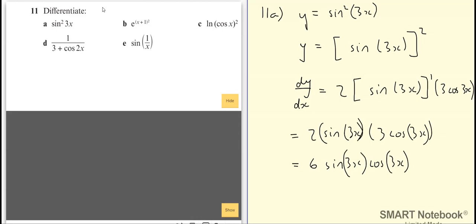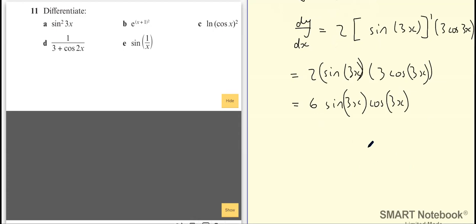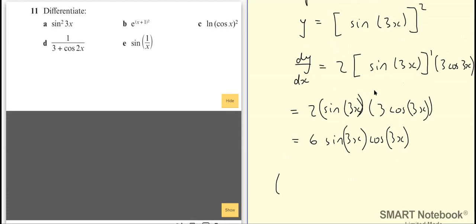Right, where did the cos 3x come from? So I'm just going to do something quickly here just so you can see the parallel between it. If I had 3x cubed plus 7x, all to the power of 10, I would have said bring the power down, take 1 away from the power, times by the differential of what's inside the bracket.